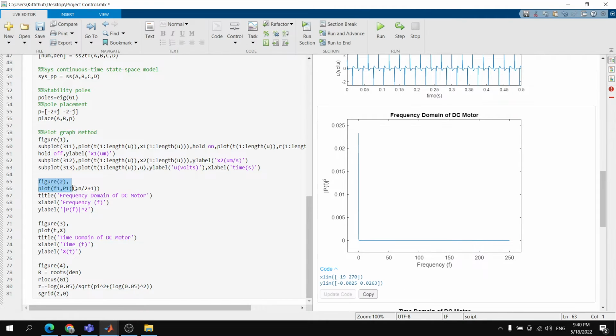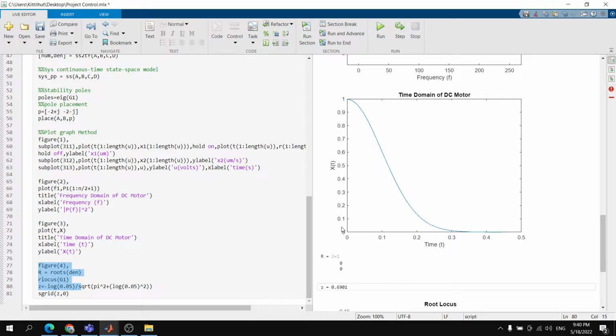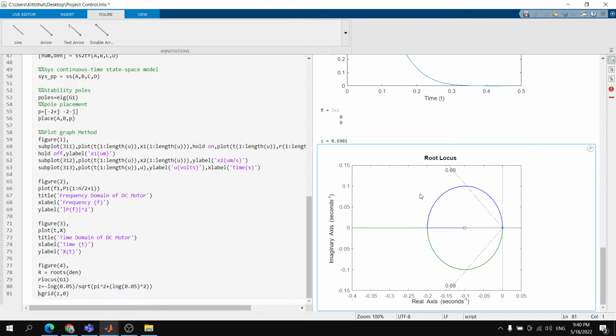Next is figure 3, the result of the time domain of a DC motor, and this graph is the result, and the last, figure 4, is the root locus of the speed of a DC motor.